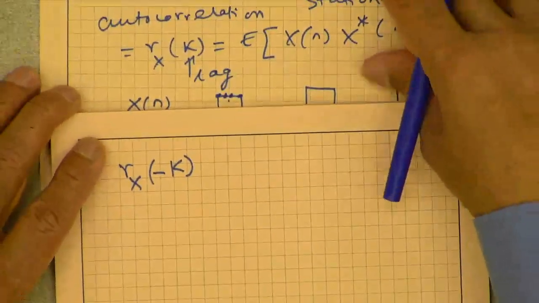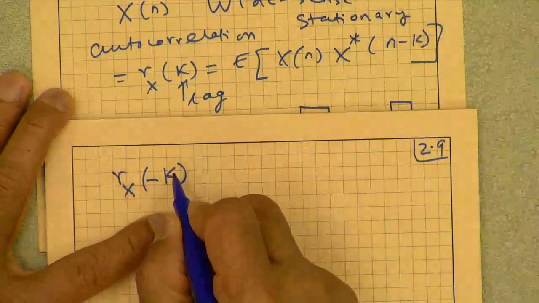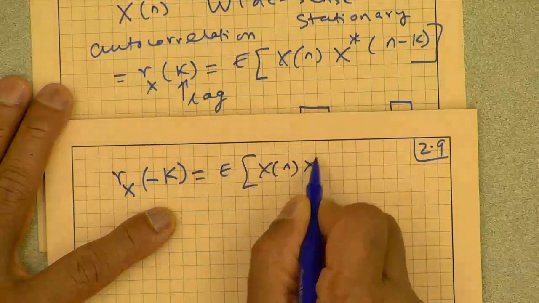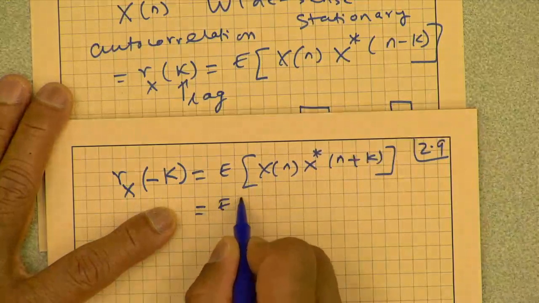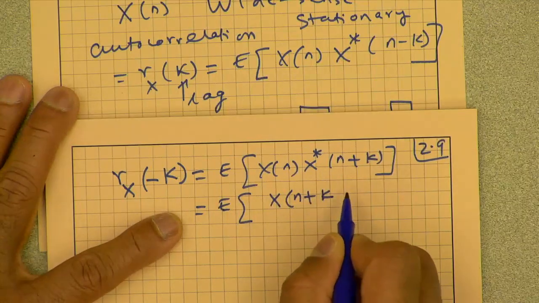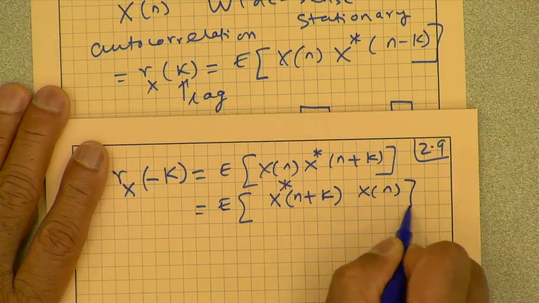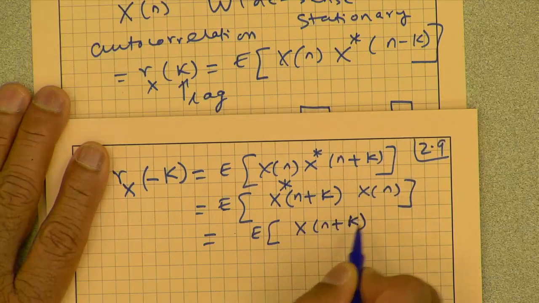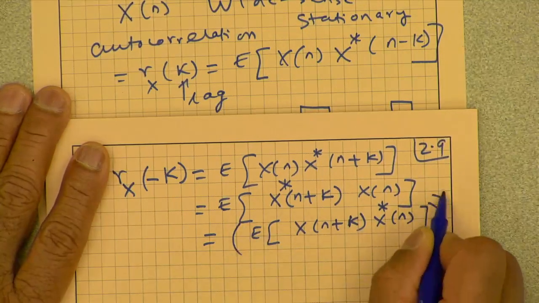That means if I compute Rx of minus k, this is going to be expected value of xn, x conjugate n plus k, replace k by minus k, and that can be written as expected value of xn plus k, x conjugate n, which can then be written as the conjugate of the whole thing, expected value of xn plus k x conjugate n.